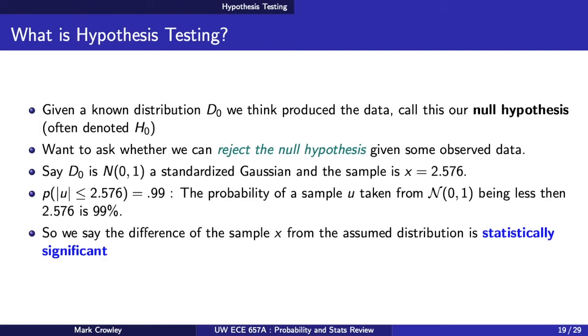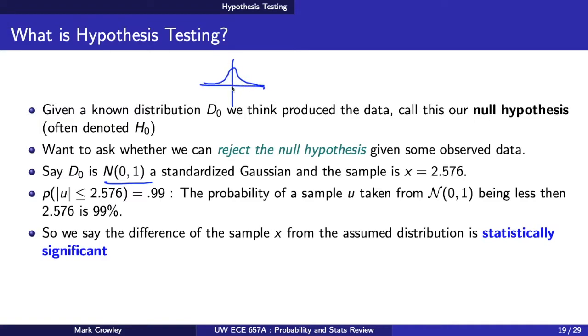Now we could say D0 is a Gaussian, right? So we've got our N(0,1), which you should be familiar with now, a Gaussian with mean 0 and standard deviation 1. And we pull one sample from this and we get X. So we've got our Gaussian, and it's a very boring distribution.